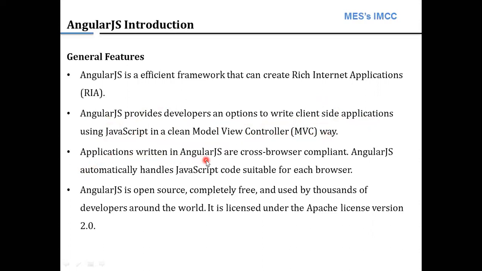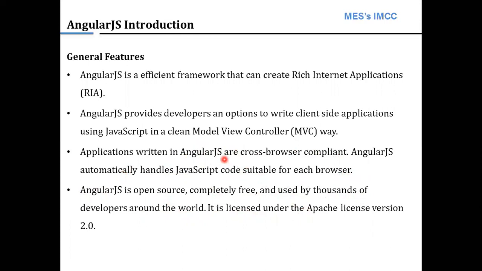Applications written in AngularJS are cross-browser compliant. AngularJS automatically handles JavaScript code suitable for each browser. This is a very important feature which AngularJS has. AngularJS is open source, completely free, and used by thousands of developers around the world. It is licensed under Apache License version 2.0.